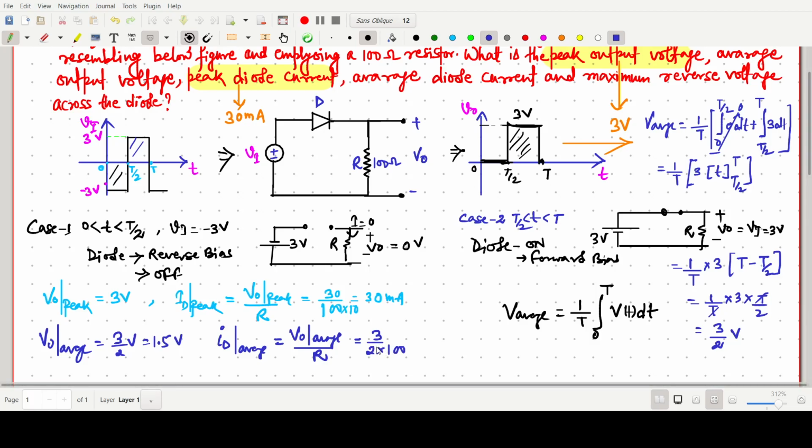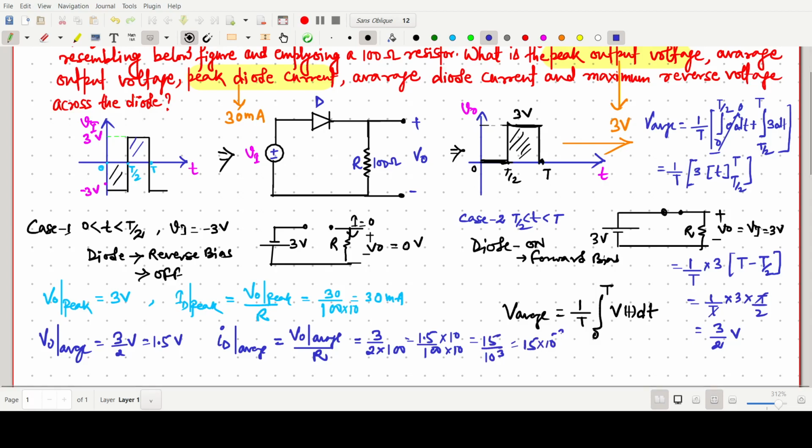Or one can write 1.5 by 100. If you multiply with 10 and 10, it should be 15 by 10 power 3, so 15 into 10 power minus 3. Calculation you have to do very carefully, meaning 15 milliampere will be the average one.